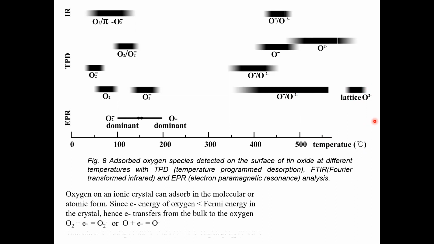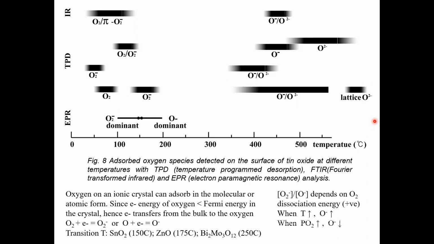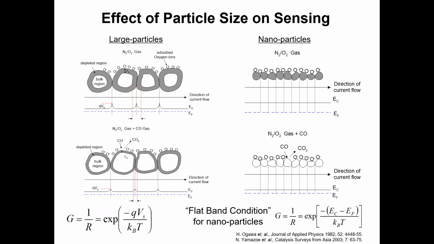And what species is dominant and how much will depend on both the temperature as well as oxygen content in the environment. And people play this game of controlling those variables by changing both the temperature and PO2.